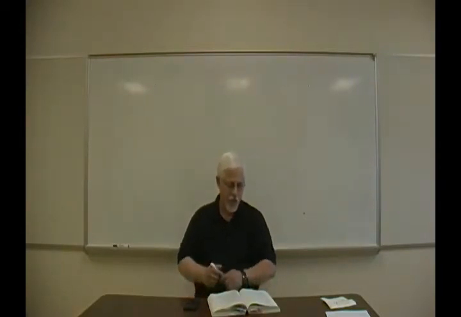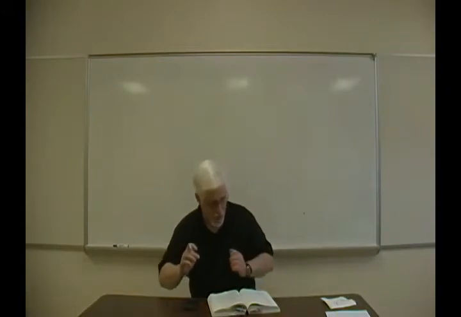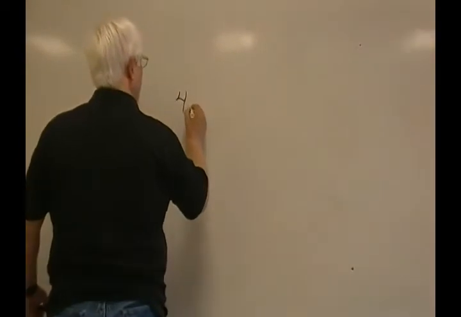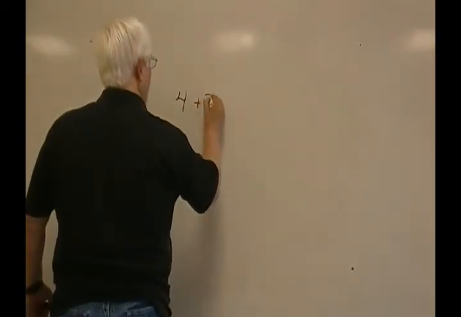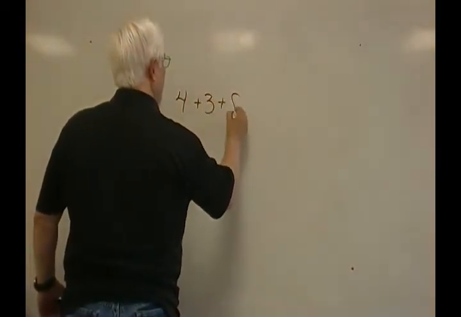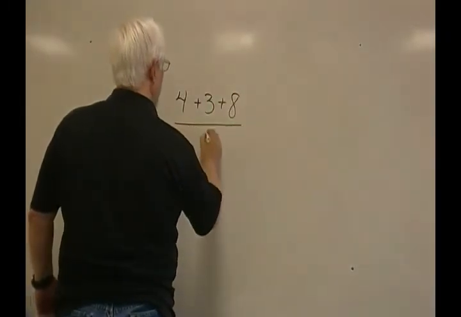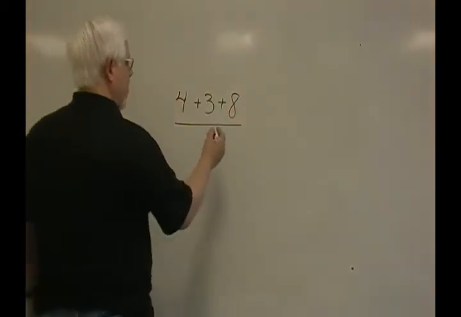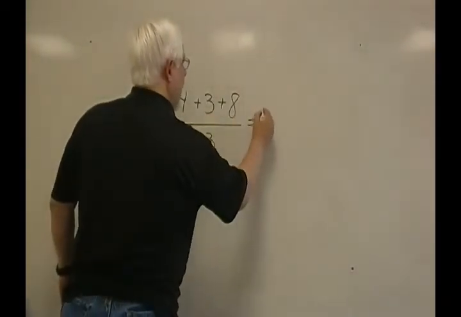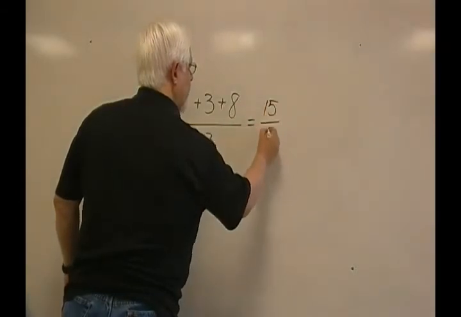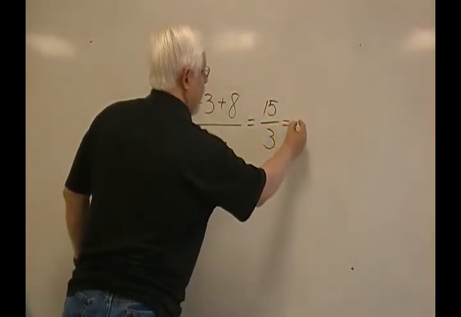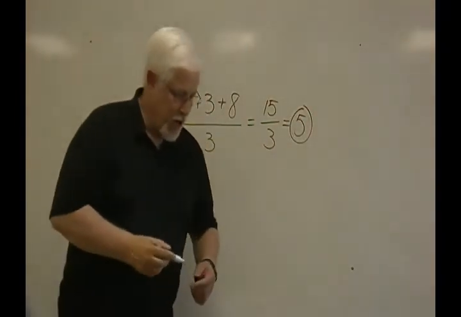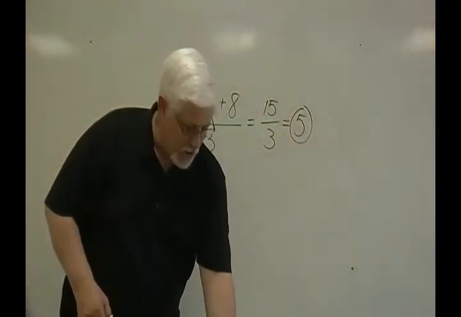For example, the mean or average of 4, 3, and 8: 4, 3, and 8 divided by the number of values would be 15 over 3, which is 5. So look at the answer there at the bottom of page 422 and you'll see 5.